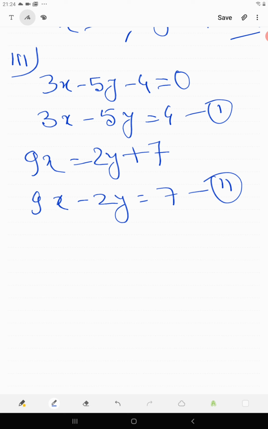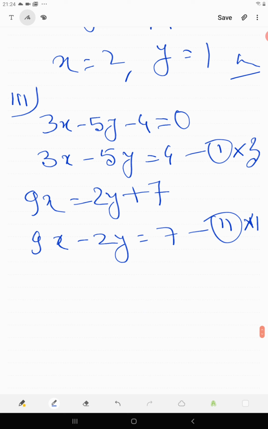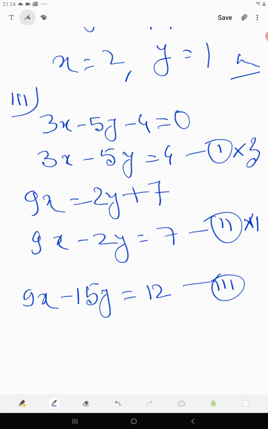So let's multiply equation 1 by 3 and equation 2 by 1. So what will we get? We will get 3x into 3 is 9x, minus 5 into 3 is 15, so minus 15y equals 12. So this is our equation 3.